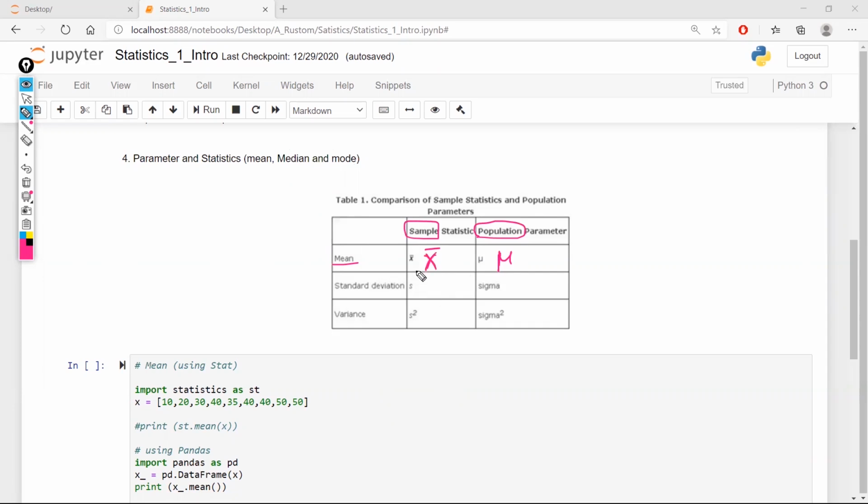Depending upon the situation, these symbols and this representation will change, but most of the time we refer to this one. Whenever we see a bar, maybe it's an X bar or a Y bar, whatever the letter, it is basically a sample mean.